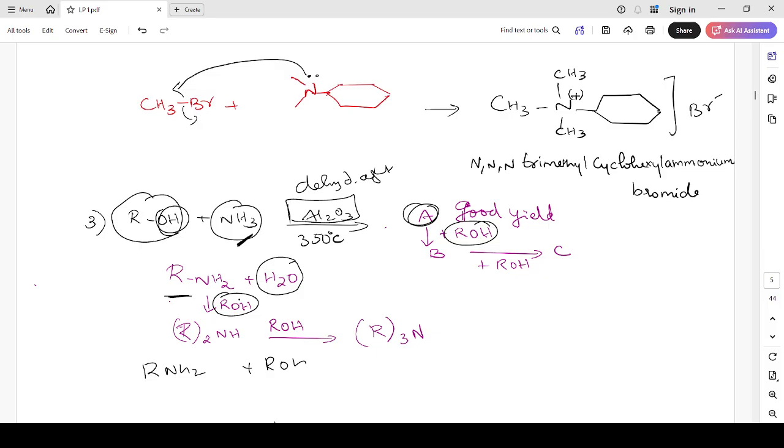Elimination will form alkene, right? Yes, ma'am. But here also, like exhaustive methylation or something like that. Yeah, exhaustive methylation is happening. You can see the R group is again increasing it to R2NH. One more ROH I'm adding, it is becoming R3N.